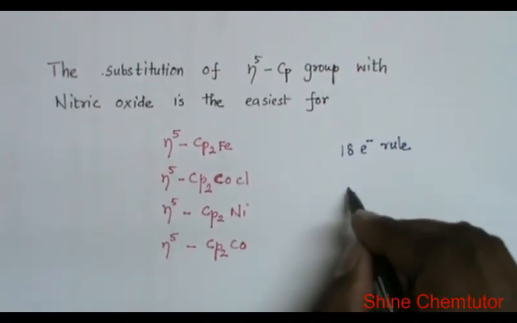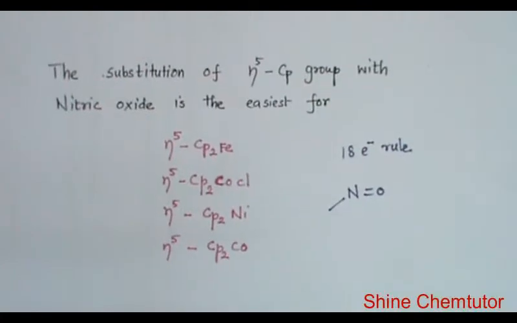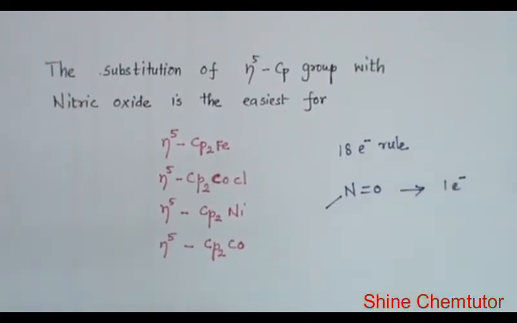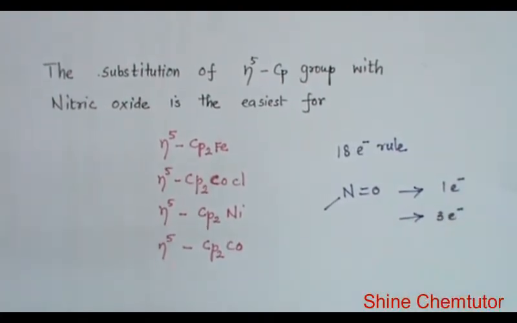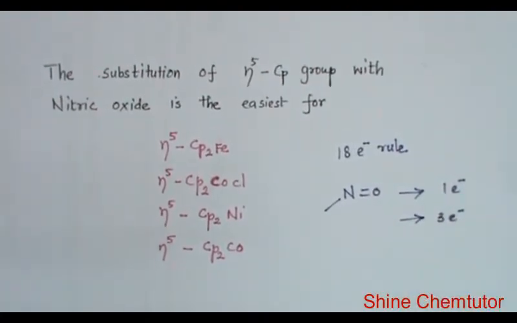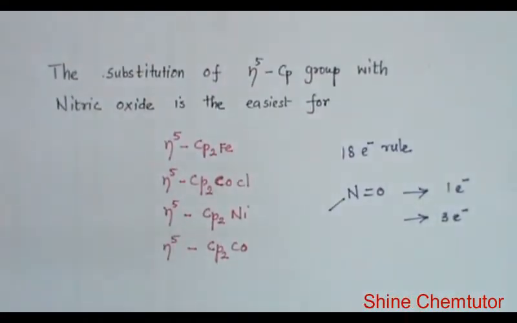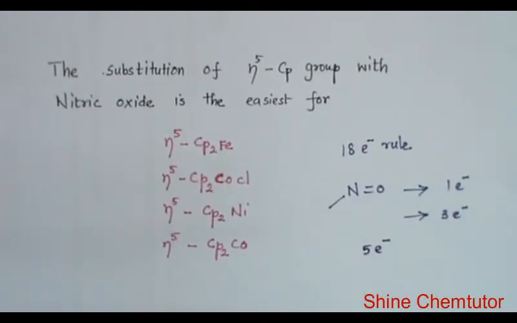You may know nitric oxide can be a 1 electron donor or a 3 electron donor. I have to replace eta 5 Cp. So eta 5 will give 5 electrons.